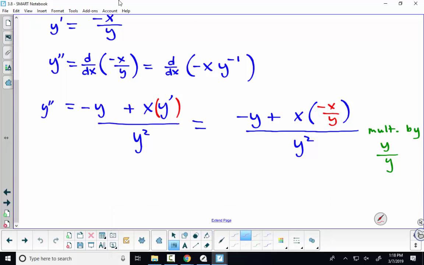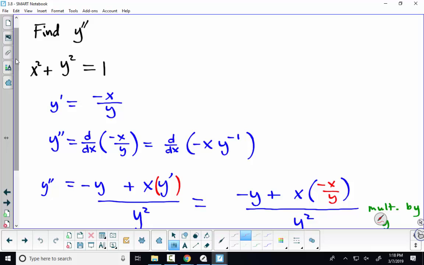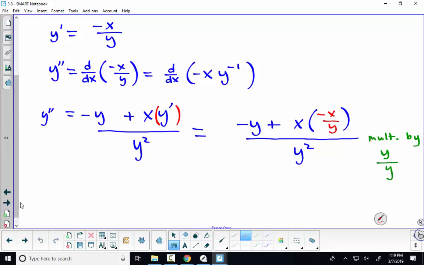So we were looking at implicit differentiation, and the problem was to find the second derivative of the equation for our unit circle. What these boil down to is expressing higher order derivatives as a function of x and y as well, but don't express the higher order derivatives with derivatives still in there.